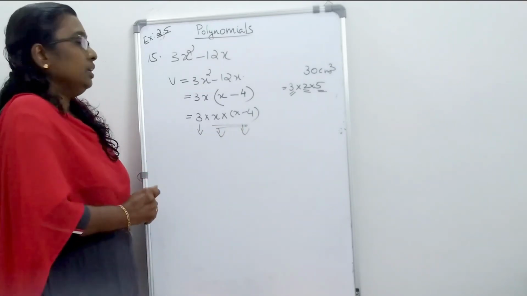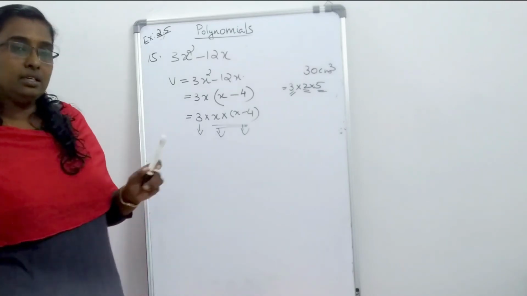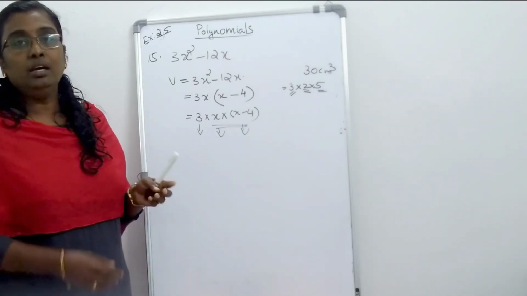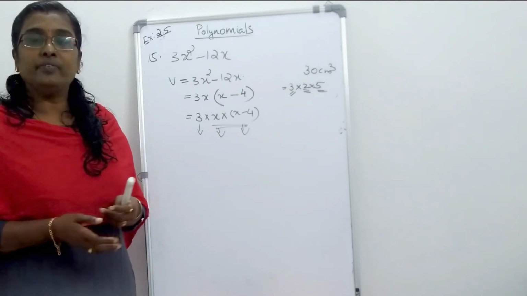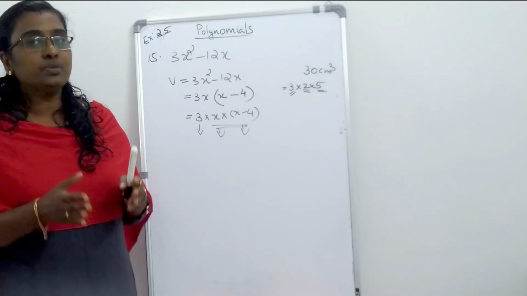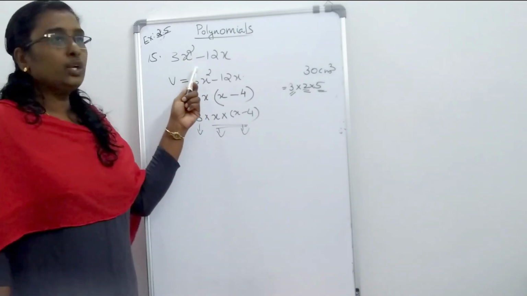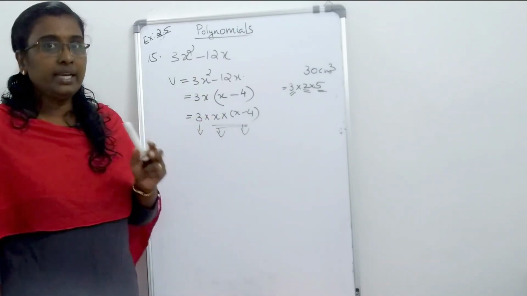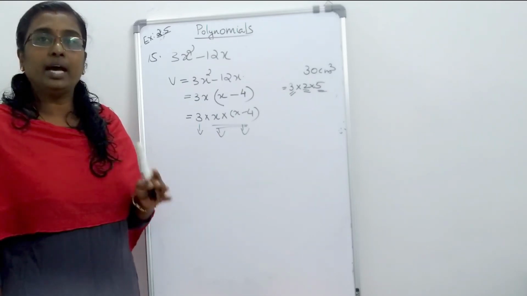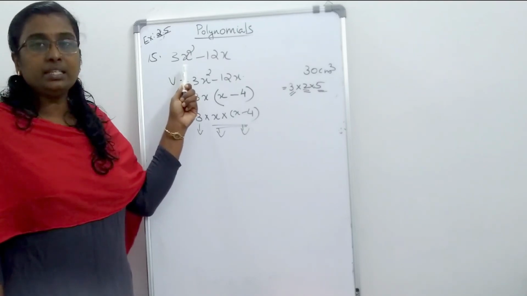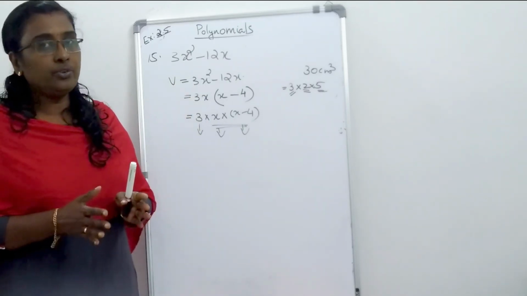Okay. If the area of a rectangle or square is given, in order to find the dimensions, we write that area as a product of two factors. In the case of a cuboid, there are three dimensions: length, breadth and height. For that, if the volume is given, we write it as a product of three factors.